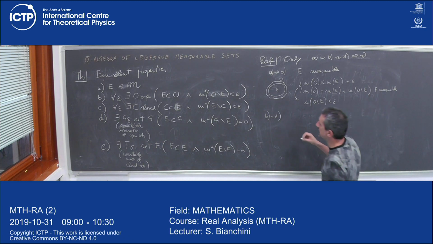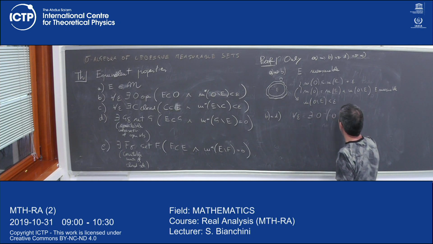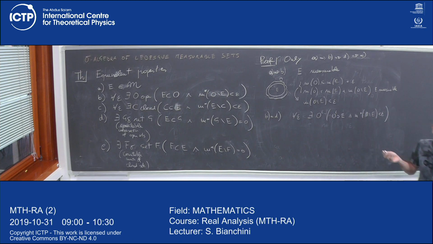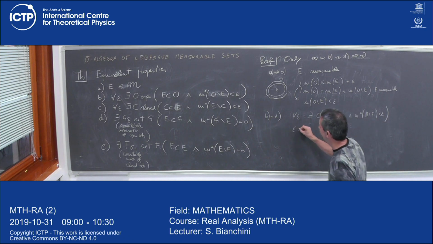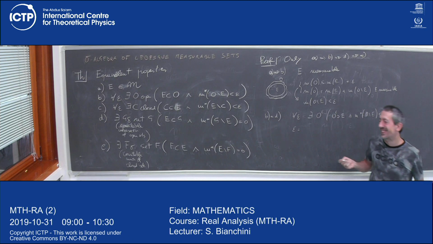B implies D. This is very easy. The assumption is that for all epsilon, there exists an open set O_epsilon containing E such that M star of O minus E is less than epsilon. Take epsilon equal to 1/n, a sequence of epsilon going to 0. Which sequence do you like more? 1/n.